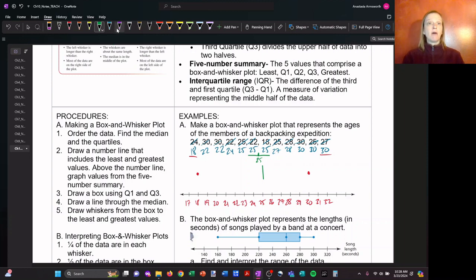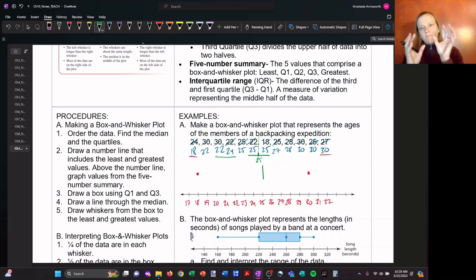I need to think about my quartile 1 value and quartile 3 value. So what I want to do is that median kind of cut my data set in half. And I want to find the center value of the lower half and find the center value of the upper half. So I want to find my middle number here. Well, because I have 6 data points here, I've got an even number.